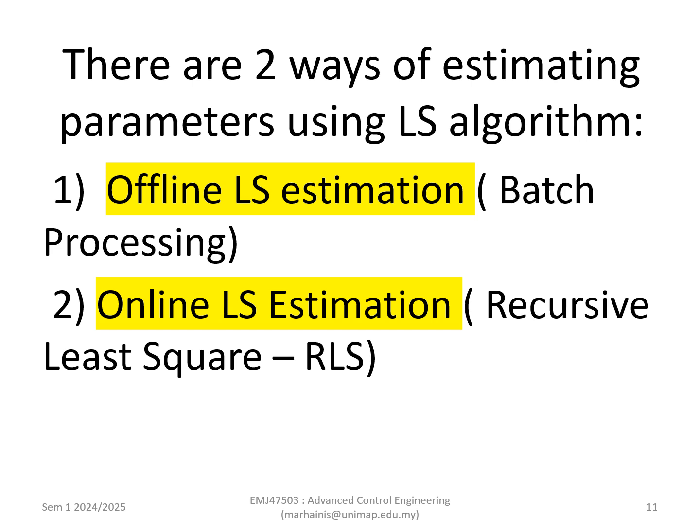There are two ways of estimating parameters using least square algorithms. Number one, offline least square estimation or batch processing. Number two, online least square estimation or recursive least square, RLS.